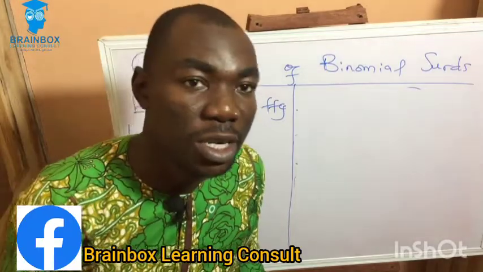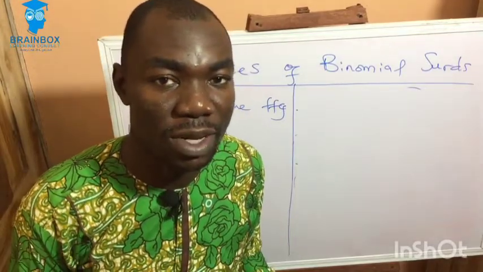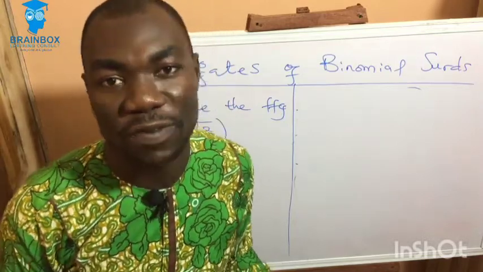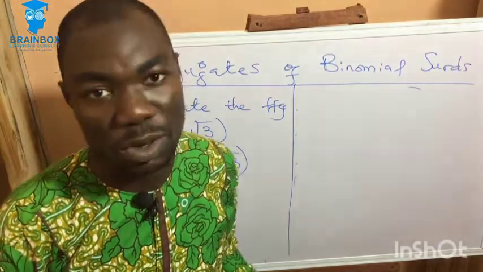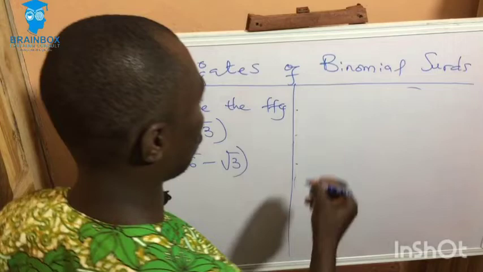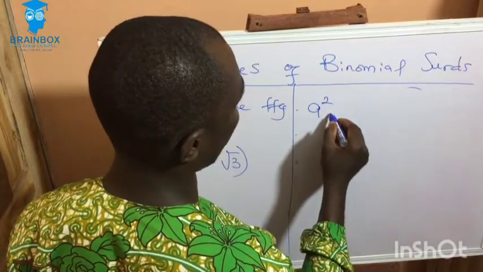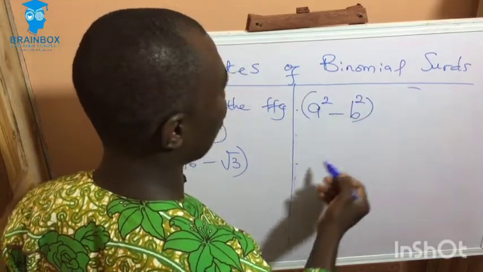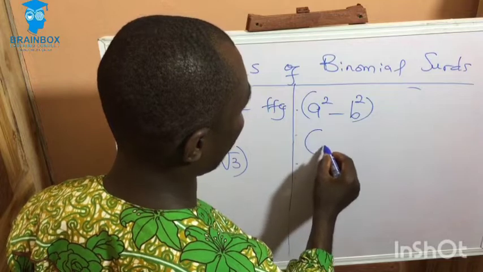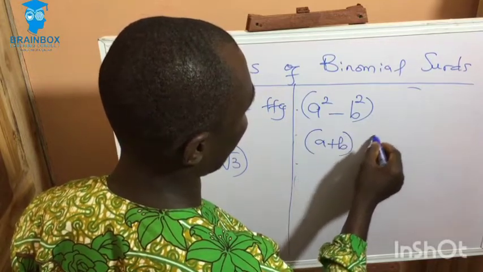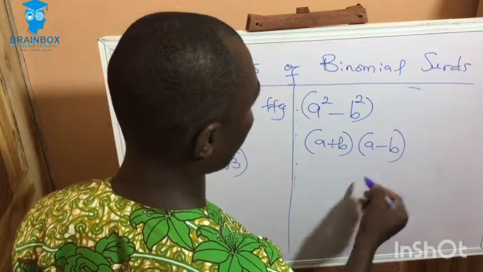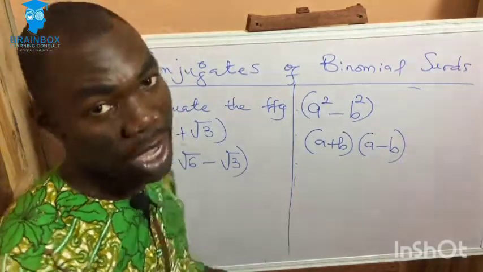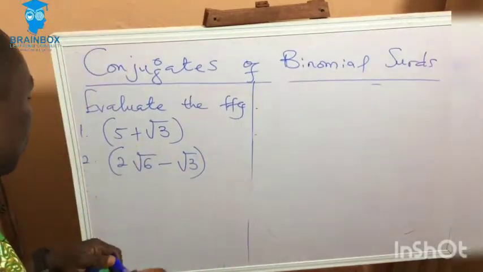Back to your elementary quadratic expression, where you do the difference of squares of an expression, such as a squared minus b squared. You'll be told to factorize this, which is pretty easy. Of course, you will know that it is open bracket a plus b, open bracket a minus b. This is just a typical example of what we will do here. So you just follow the following examples.